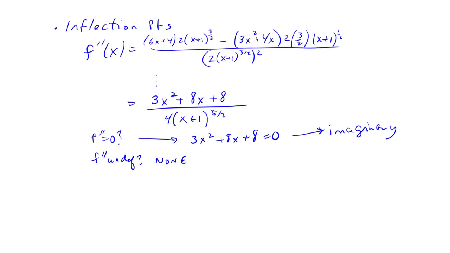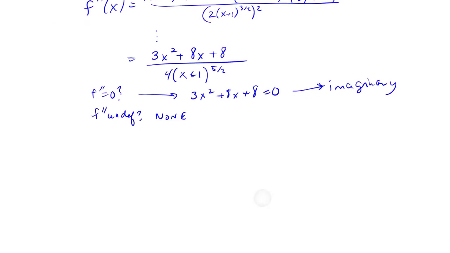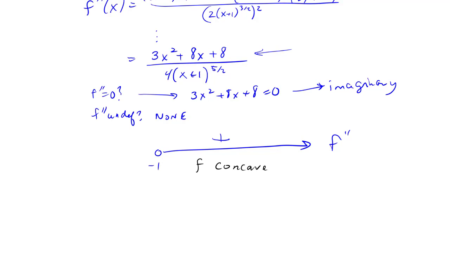So we don't have any points to put on our chart except for our domain. The reason is that for anything bigger than -1, this is always going to be positive, meaning this function is always concave up. And we have essentially f concave up on (-1, infinity), and we have no inflection points.